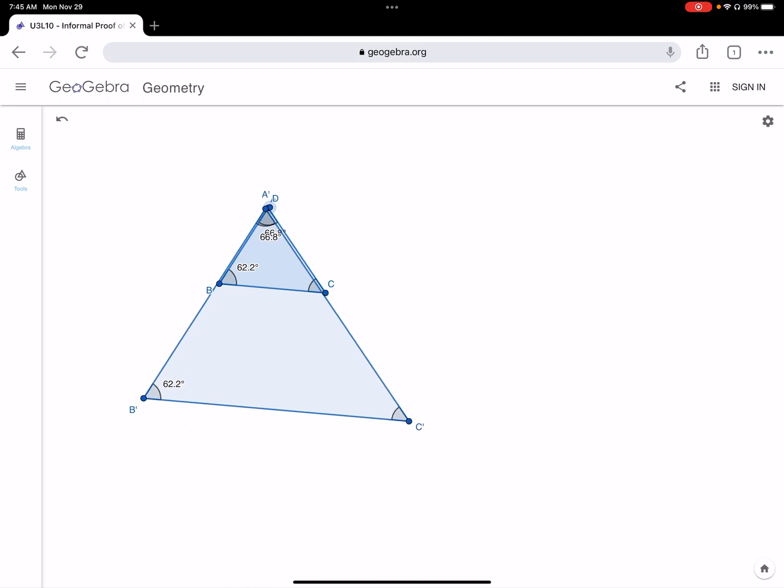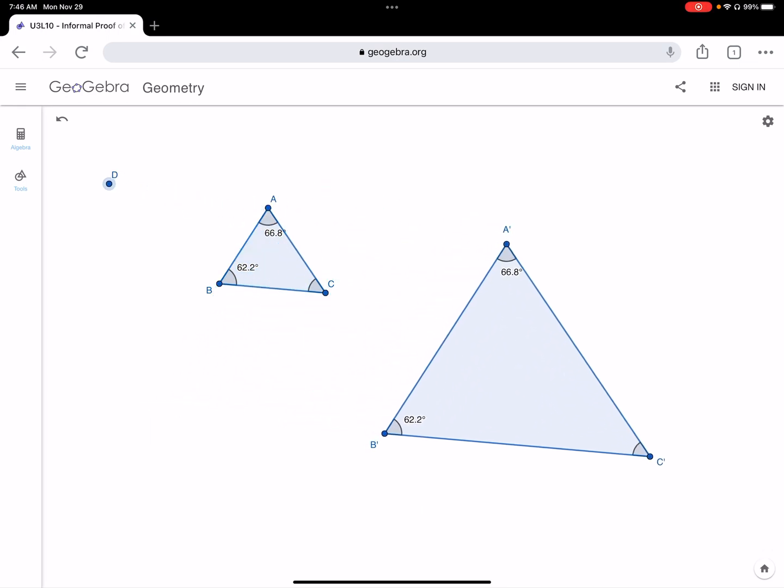And then I also have corresponding angles congruent, B and B prime. So what that tells us is that BC and B prime C prime are parallel to each other. And we learned in lesson 4 that if those are parallel to each other, then that means that these sides are all proportional, which means that these triangles are similar to each other.